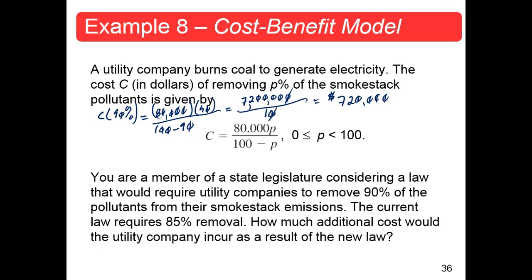Okay. 85 is going to be a little more because I can't do it in my head, but let's try it. C of 85%, the current law, is going to be 80,000 times 85, because that is a percent, divided by 100 minus 85. Okay, let's see if I can do that one in my head.